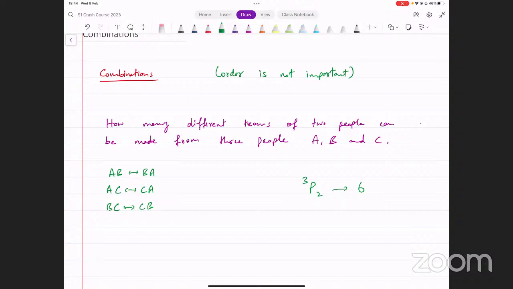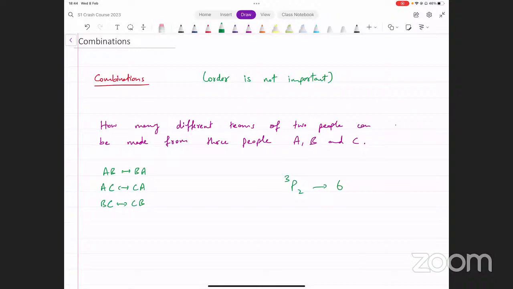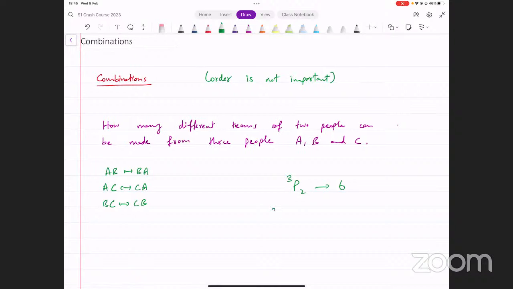So what do we do instead? We have that combination button on our calculator for this. Instead of using permutation, we use combinations here. We say this is 3C2. Remember, we used to do this for binomial expansion.